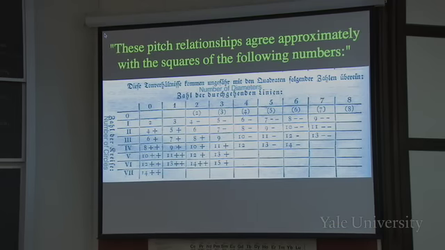So here he says the pitch relationships agree approximately with the squares of the following numbers. So how many diameters, how many circles? And what he sees is the frequency is roughly the number of diameter nodes plus twice the number of circular nodes, squared. This is his empirical observation.